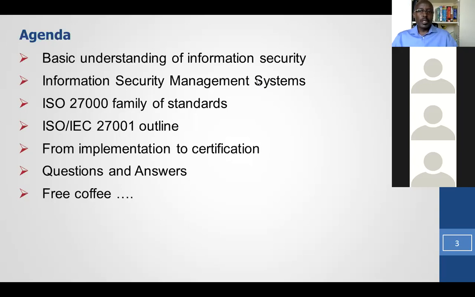And then we look at the steps that are normally taken from implementation of the management system, taking an organization all the way to the point at which they get certified. Then we'll have a question and answer session, and we'll have some free coffee. We'll see about that towards the tail end.